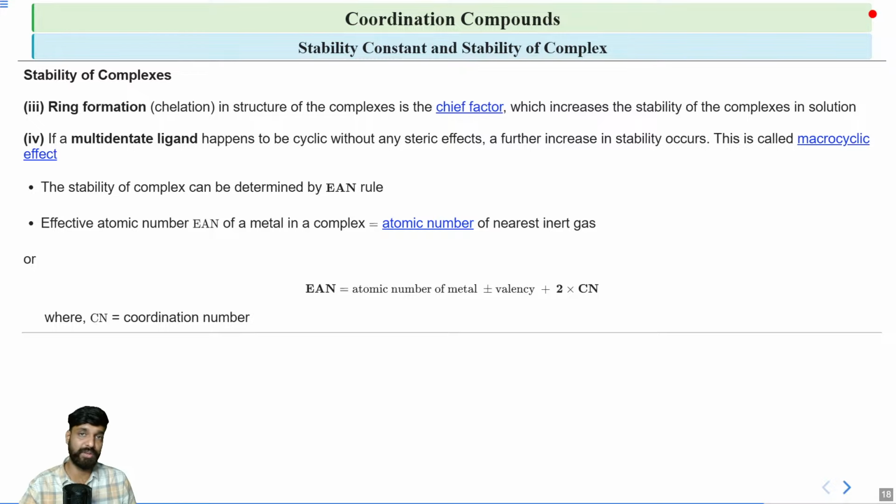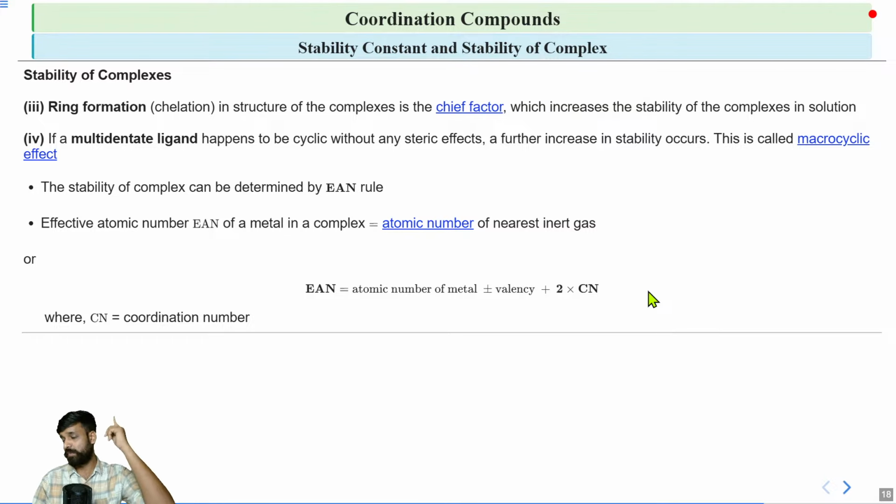Therefore for coordination number 6, 12 electrons will be there. So if the count you get upon calculation of EAN is close to a noble gas configuration like 18 or 36, in that case your compound will be stable. So you can also compare the stability using this if all the rules fail.